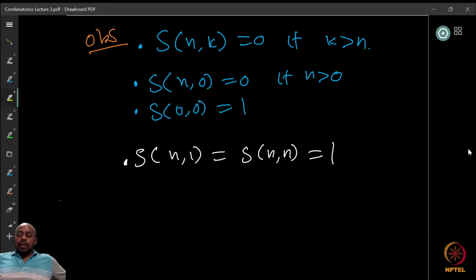And S(0,0), on the other hand, is equal to 1. That is precisely one way to do this. Basically, there is nothing to do, so that is precisely the one way. Now, S(n,1) and S(n,n) are always going to be equal to 1. This is also another observation.